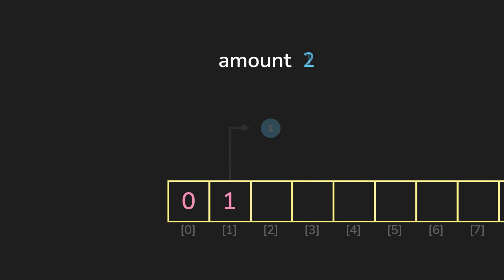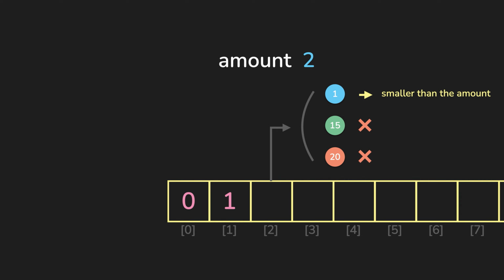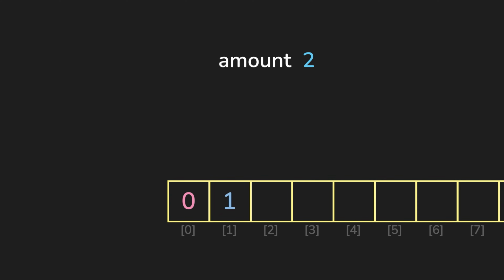Let's go to the next one and think about making 2 cents. We have 3 options for the last coin, 1, 15, and 20, but we will only consider the coin that is smaller than the amount 2. So we will again assume that we picked a 1 cent coin. So the minimum count for index 2 would be 2 because we picked 2 1 cent coins. It is pretty obvious to us why the minimum coin count is 2, but we need to be able to express that in code.